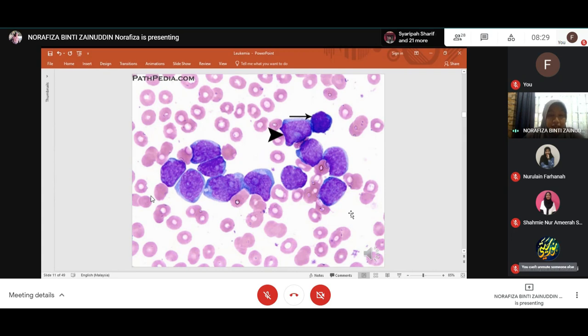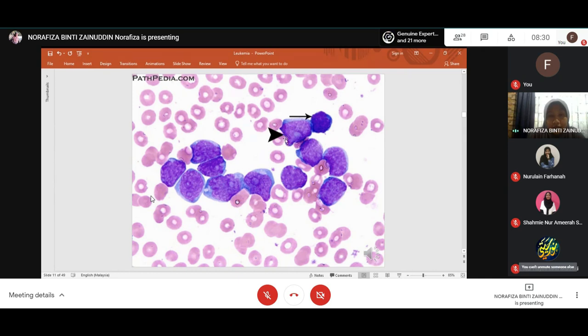So the blast is less than 3%. The blasts are small to large, no granules, no Auer rods. And this here in the slide is an example of a medium-sized blast in comparison to a small normal lymphocyte.